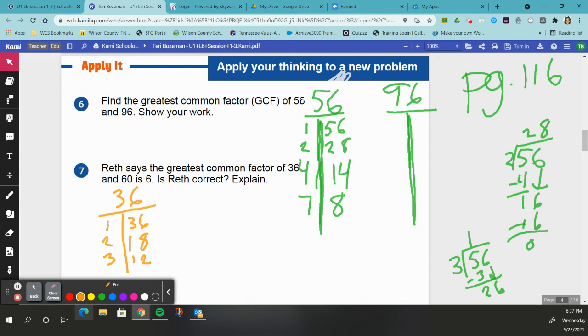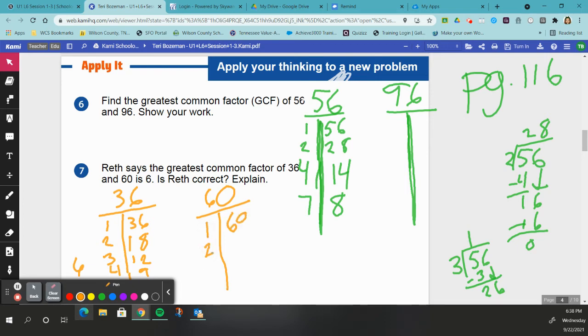4 is the next one that we would take a look at. And we know that 4 times 9 is 36, and I have run out of room here. But my next one would be 6, and 6 times 6 is 36. So 6 is also a factor of 36. And then we look at 60. So with 60, if we started with 1, we have 1 times 60.